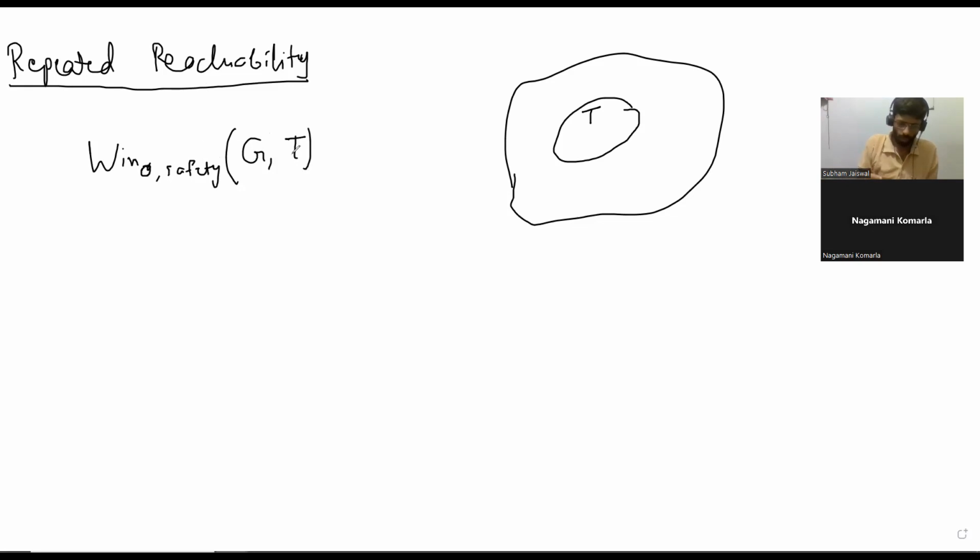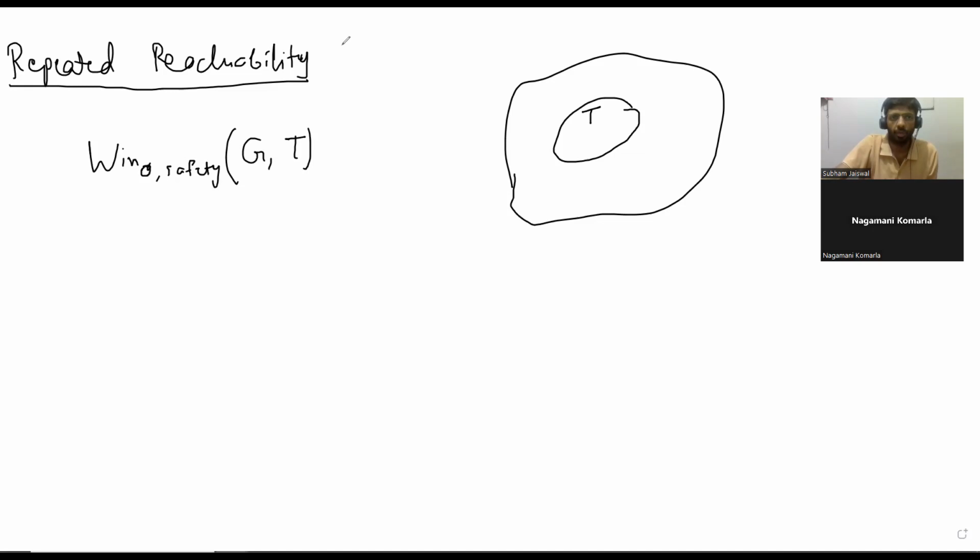So these will be the vertices such that player zero can ensure that the game doesn't always remain in T, right?